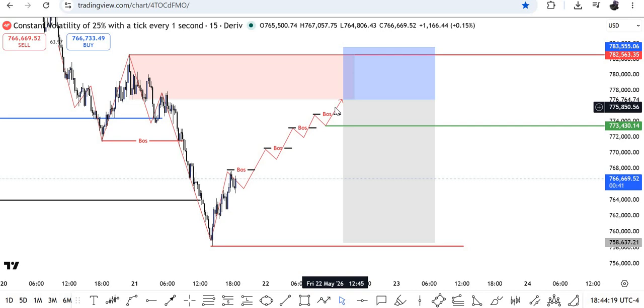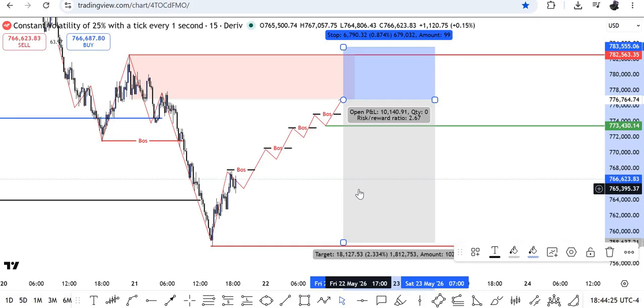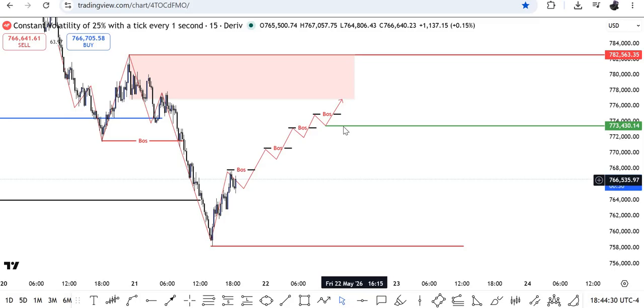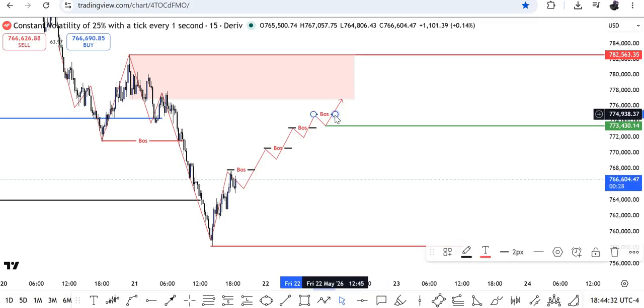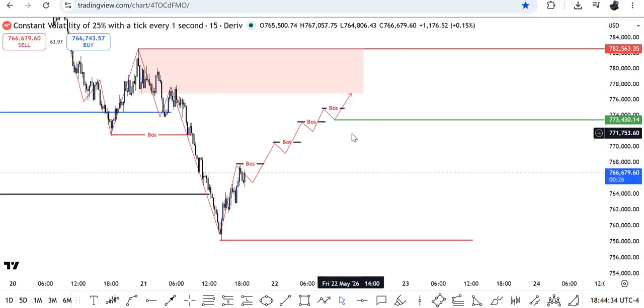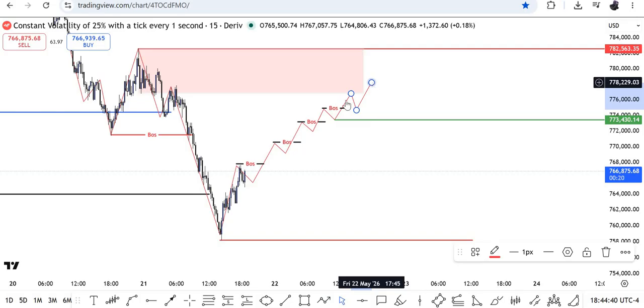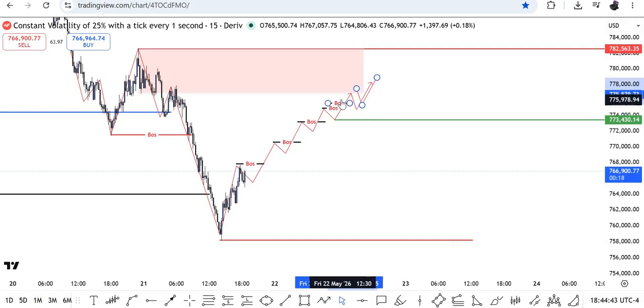Guys, we need to be more conservative with the inches because the market can do whatever it wants to do. We don't know the market that well. So what I do is, once I'm tracking the most recent lower highs, let's say price creates another pullback, and creates a new break right here.